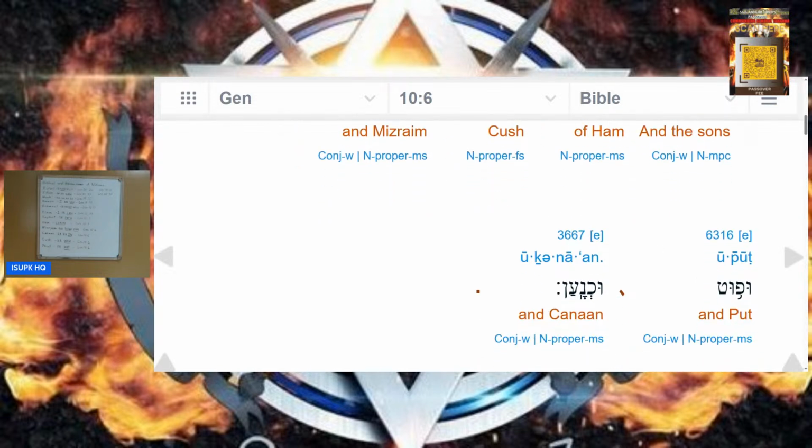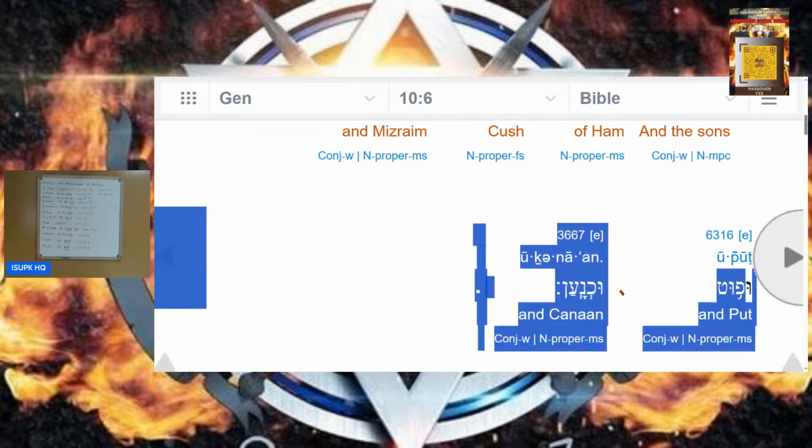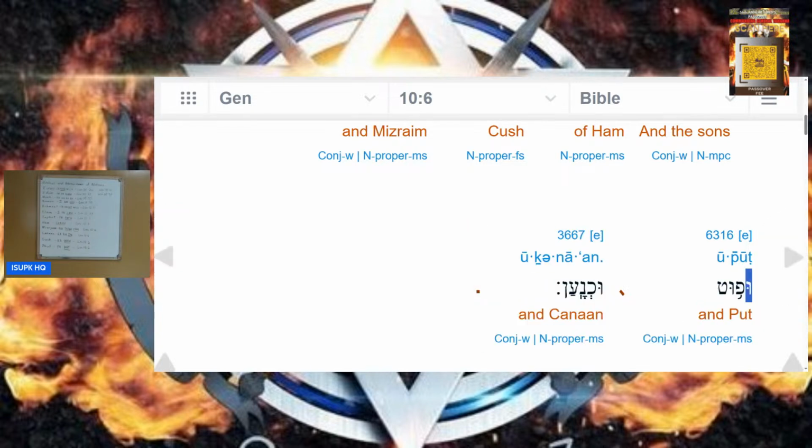And then we have here and Put, or and Phut. You'll notice there's a wa in front of it again. So it's Wa Hawat. But his actual name is right here, Hawat. This part is just the and. The first character is the and. And then Hawat is his actual name right there.